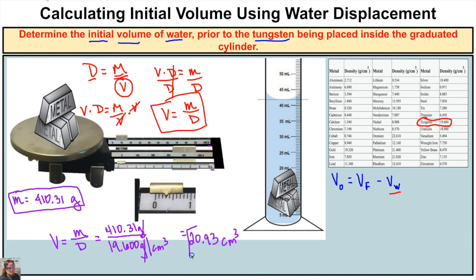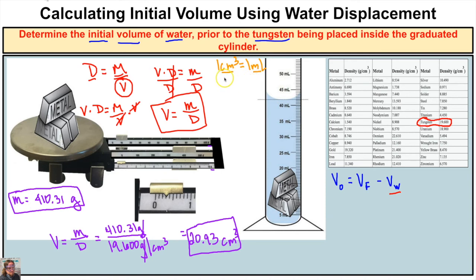So the volume of this piece of tungsten here is 20.93 centimeters cubed. Now keep in mind that a centimeter cubed is the same thing as a milliliter. They're identical. They're the same amount of space.